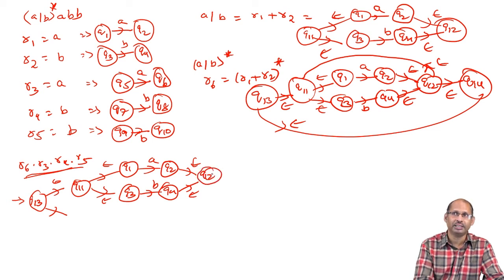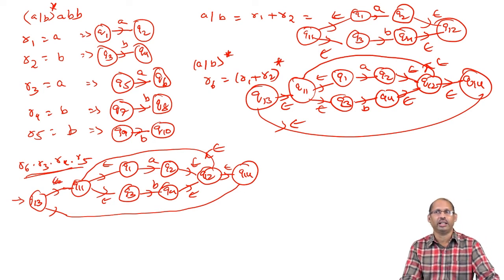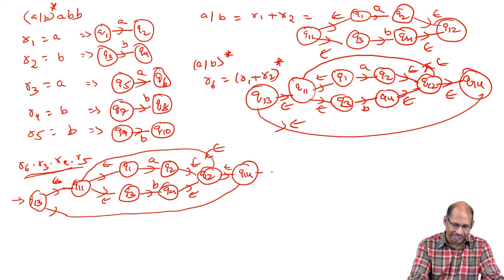To make it a closure, Q12 on epsilon goes to Q14. Here we have Q13 and Q14. Now we have written R6.